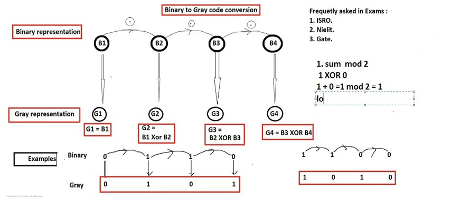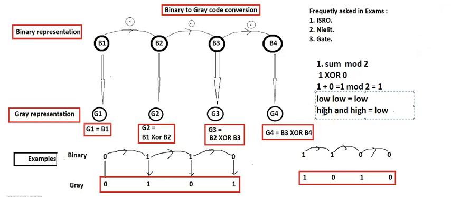And the other rule is, low and low will always give you low, or high and high will always give you low. If the two bits are the same, then you will get output as 0, that is low signal. If two bits are the same, that is high, 1 1, then also you will get output as low. Or you can take it as 1 plus 1 is equal to 2 and 2 mod 2 is 0.